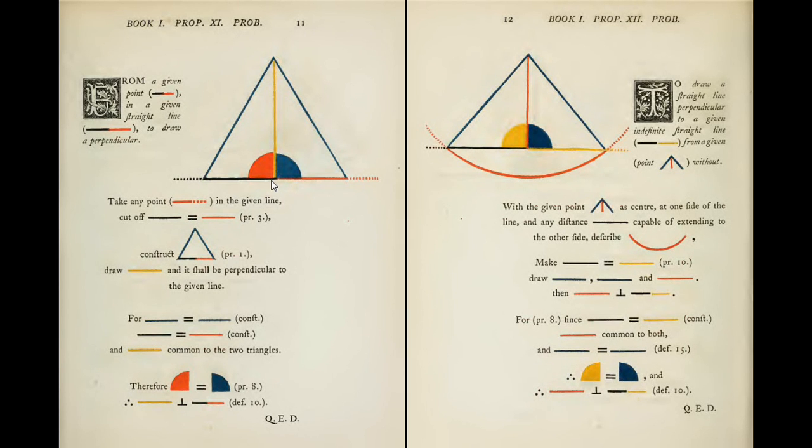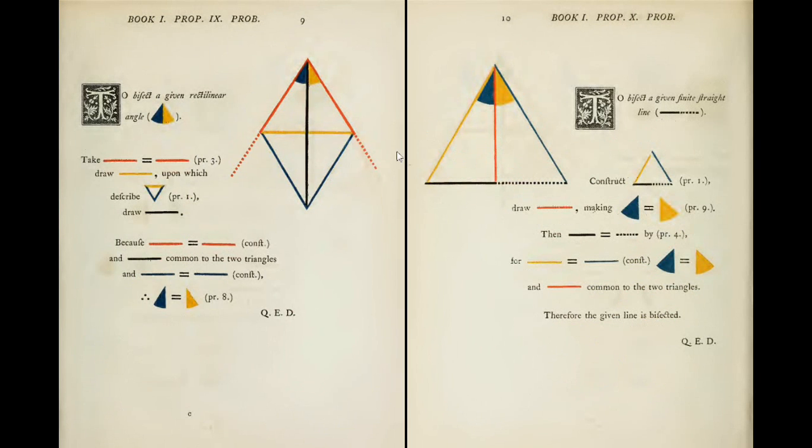So we constructed a line that had equal sides in that case, and so therefore we were able to make an isosceles, and we were also able to, by problem 8, infer that these two angles had to be equal.